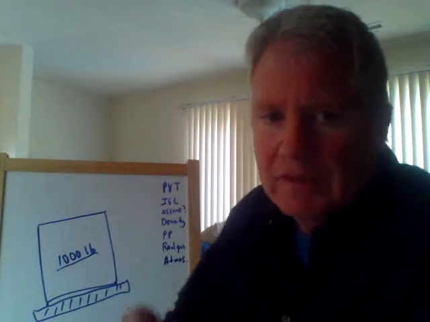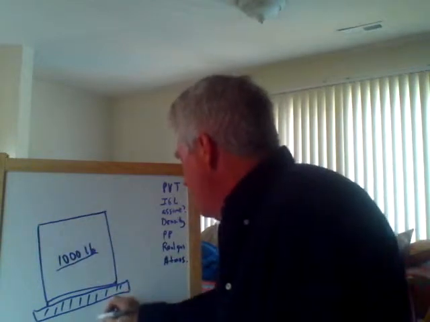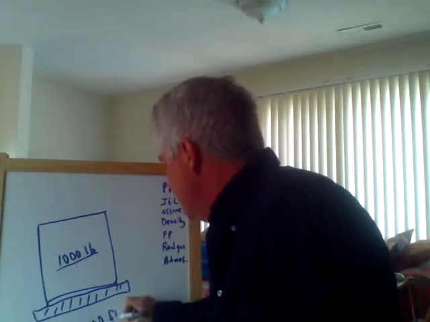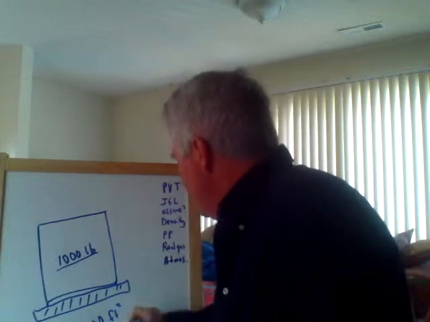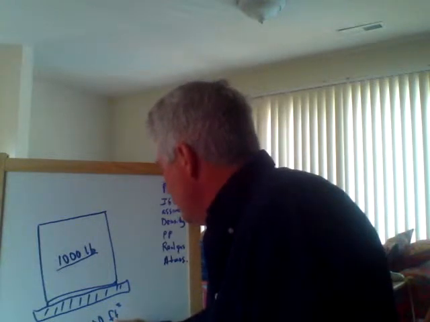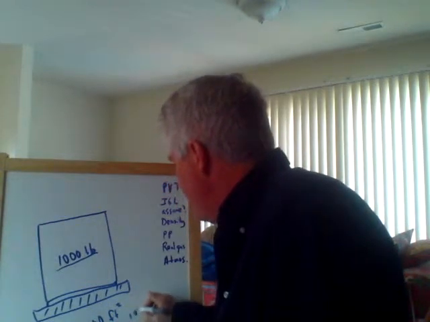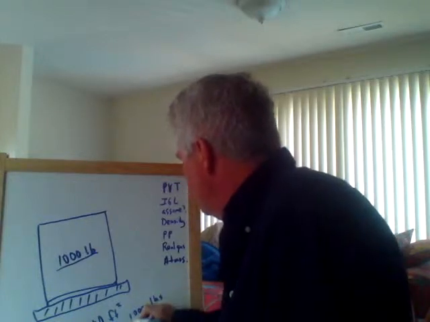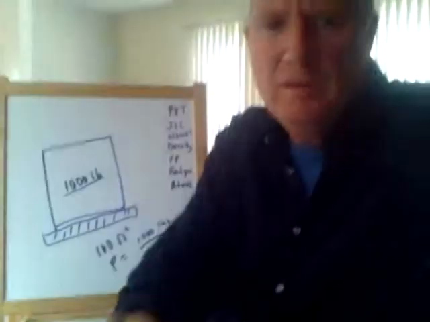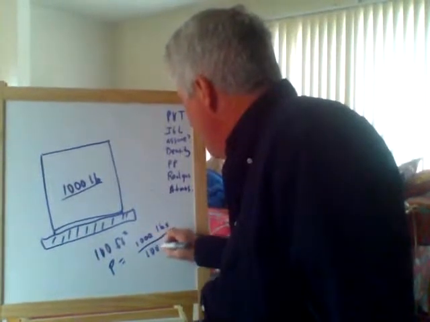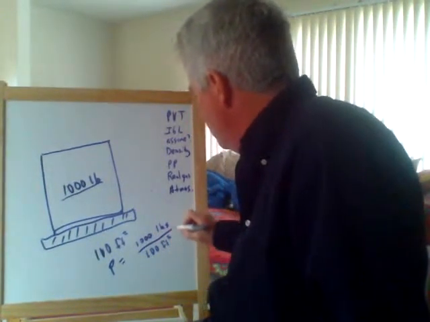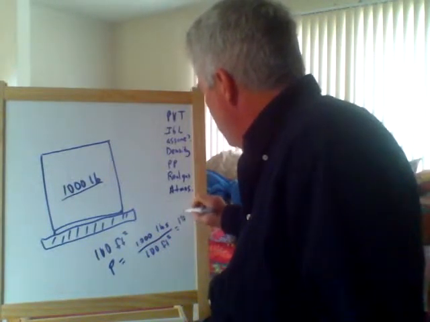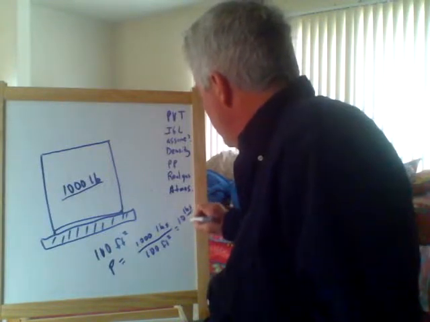So if that surface was, let's say, 100 square feet, then the pressure would end up being 1,000 pounds divided by 100 square feet, and it ended up being 10 pounds per square foot.